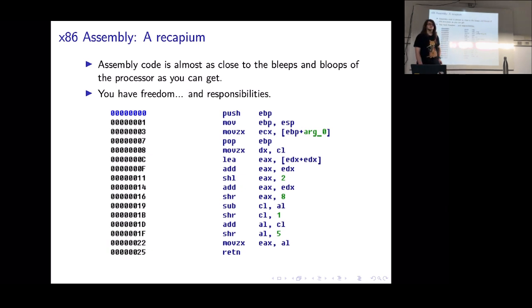Now that we have recapped lambda calculus, let's recap, for who is not familiar with it, assembly. Basically, assembly is just the language of the native operations, the basic operations that a processor can execute. That's why we call it bare metal.